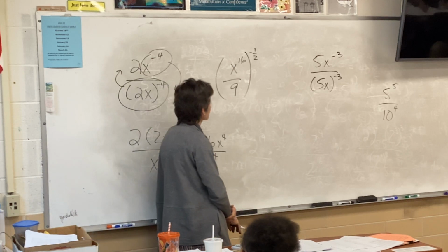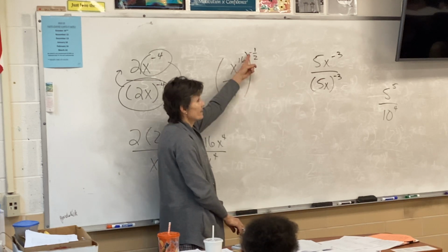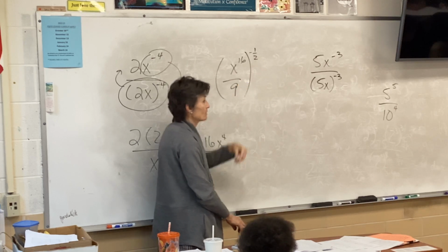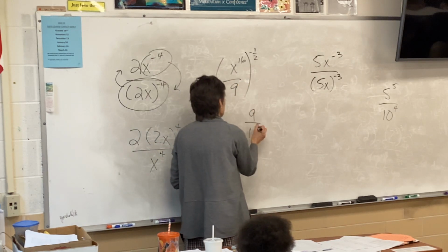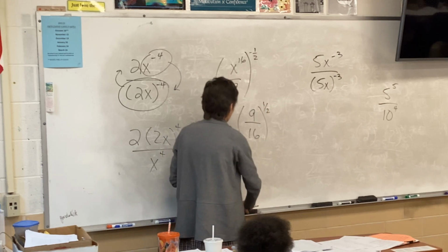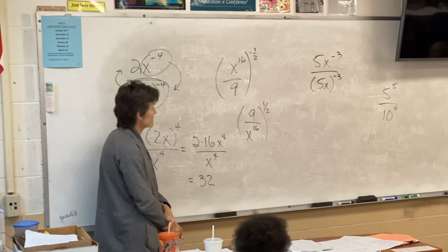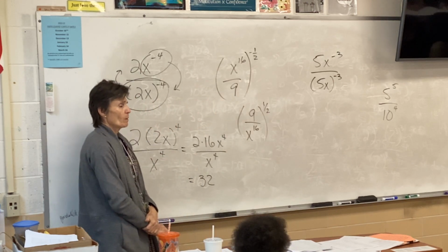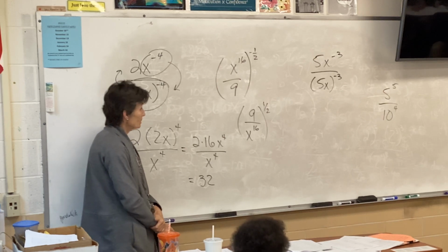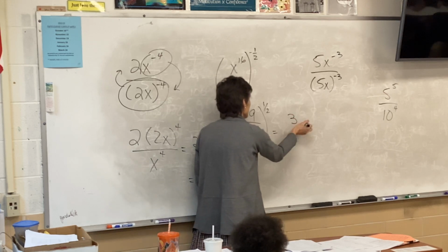What happens with this? What's going on here? First of all, see that negative? What's that going to do? Turn it over, it's going to be 9 over x to the 16, to the 1/2. What's 1/2 mean? Square root. So 9 to the 1/2 is 3.